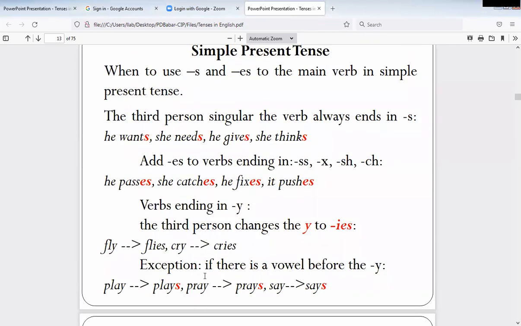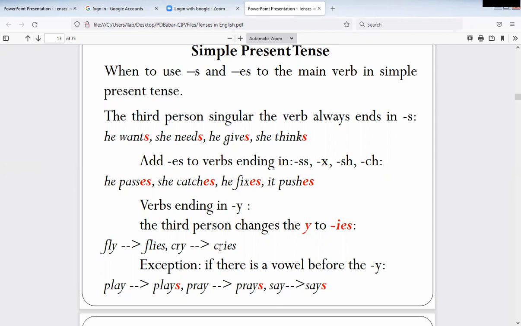So the first condition is the third person singular. For the third person singular, the verb always ends in s. This is the very important condition that we will have to remember always. So he wants, she wants, he gives, she thinks.